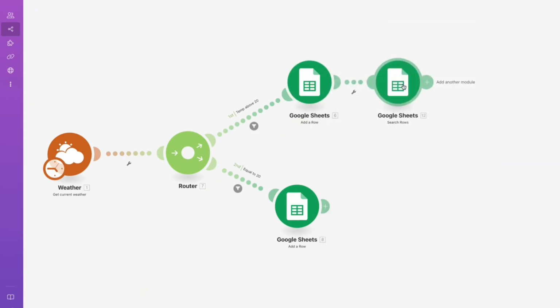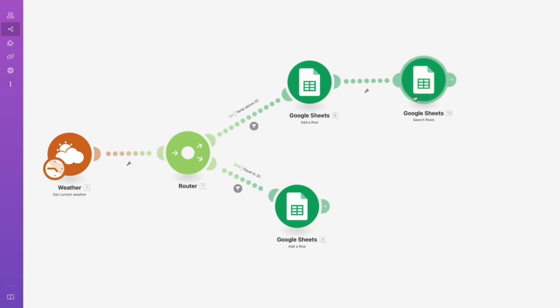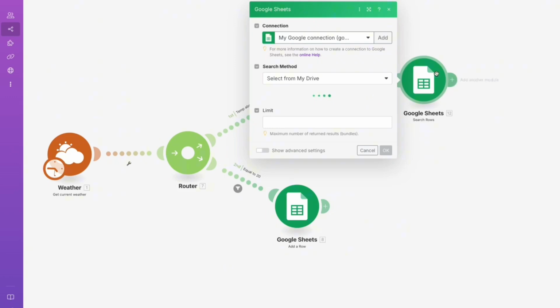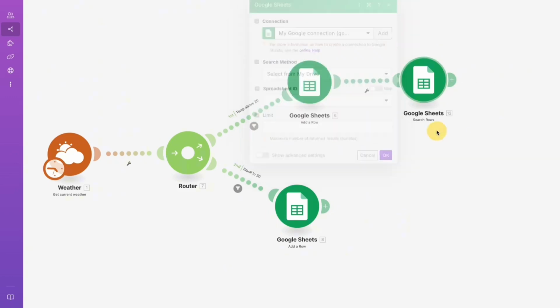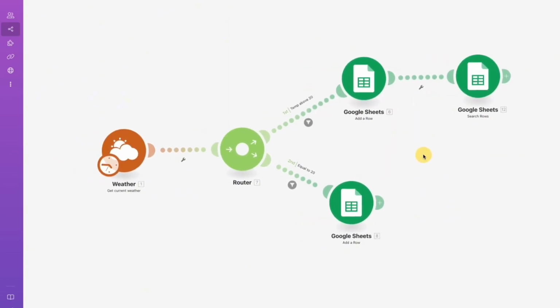I won't be able to explain all the configuration settings for every module of every app because it's all different and there are too many to choose from, but it gives you some idea that the configuration settings are going to be different app by app. But it's relatively self-explanatory when you read through what each specific field is referring to, and then you just follow the steps. So yeah, those are modules.